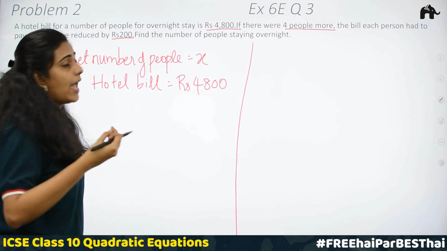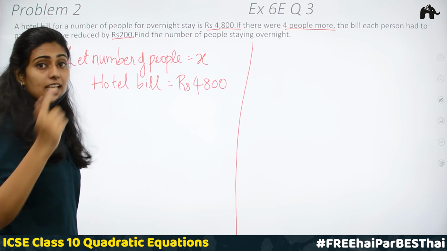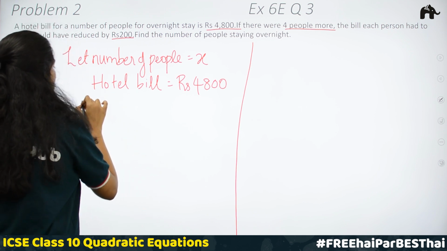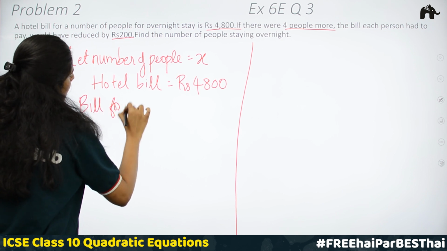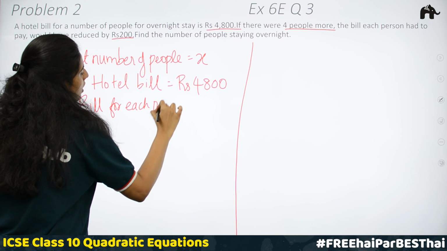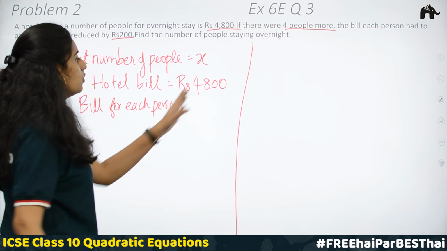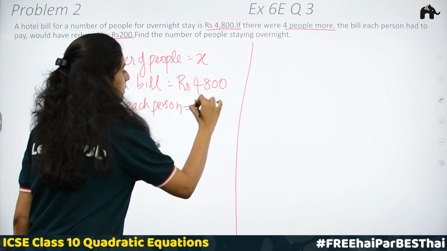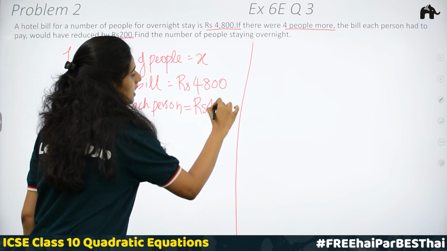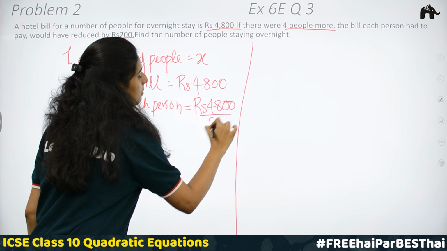Then what is the amount that is paid by each person? Bill for each person: total is 4,800 and we have x people, and this will be equal to rupees 4,800 divided by x.